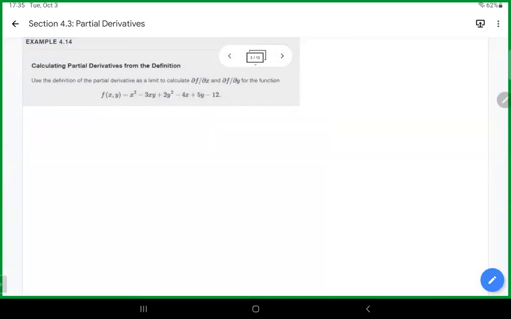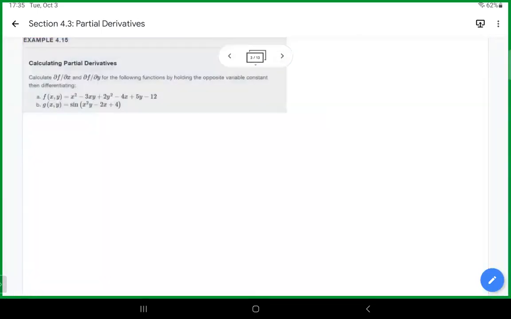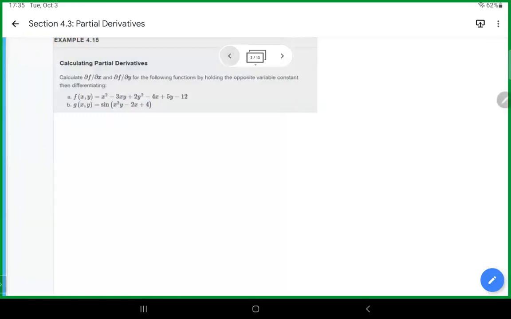So example 4.14 says using the definition of the partial derivative as a limit to calculate the following for the function. So if I need to, I will duplicate the page, but hopefully we can get it all in one. I don't know if we will.